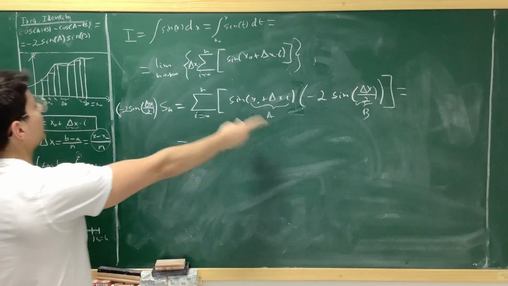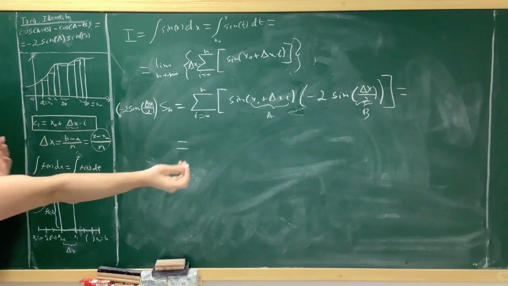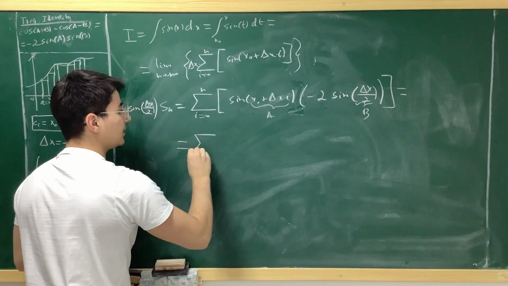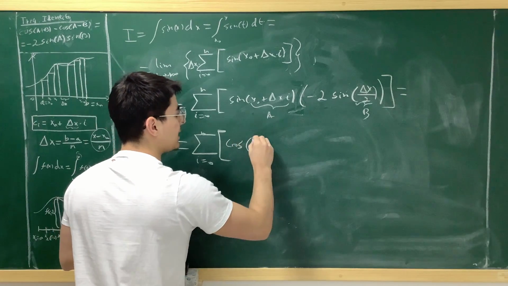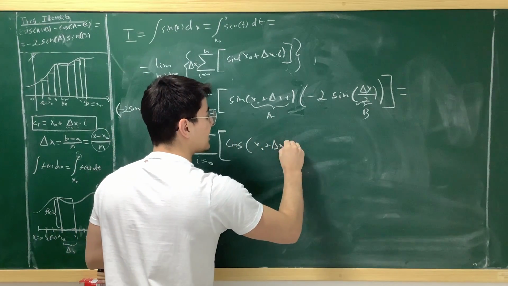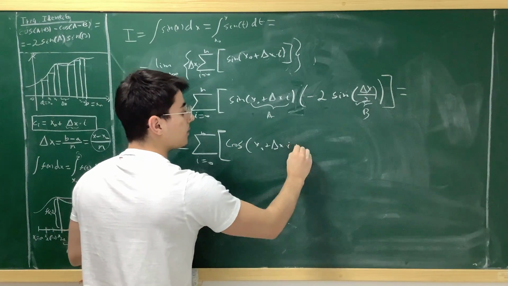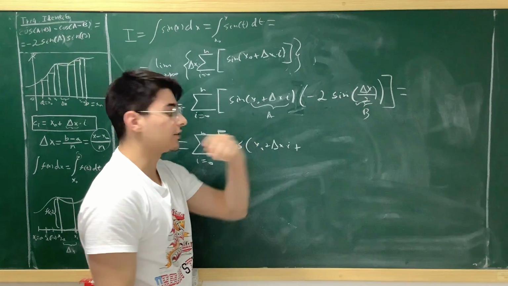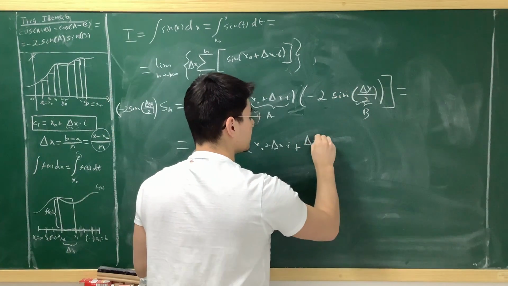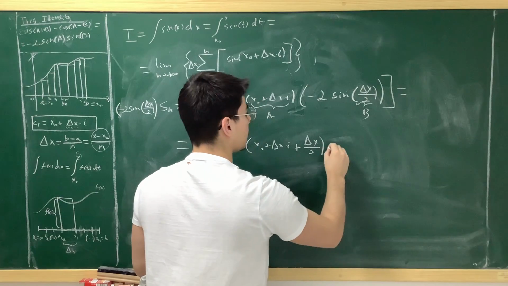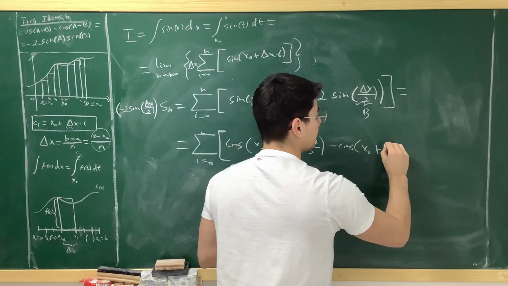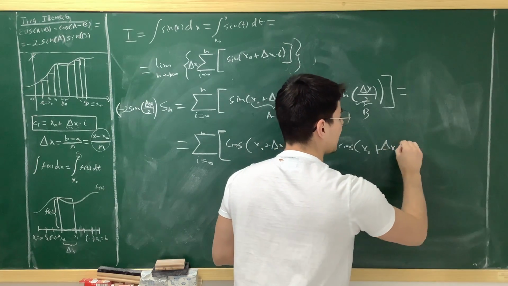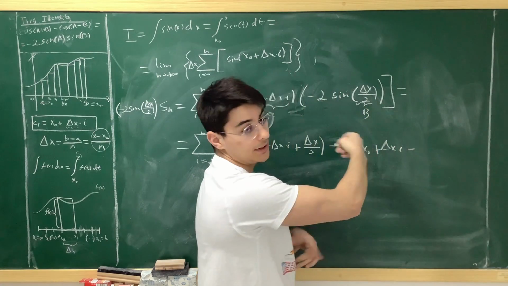So, using this, it is just the sum from i equals 0 to n of the cosine of A, x0 plus delta x times i, plus B, which is delta x over 2, minus the cosine of A, which is x naught plus delta x times i, minus B, delta x over 2.